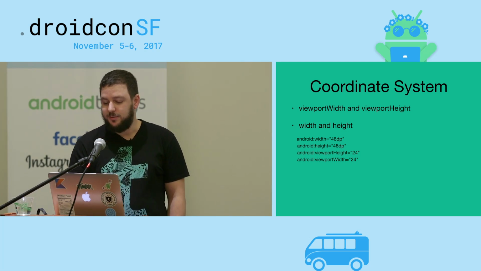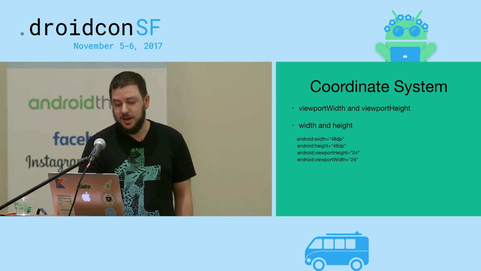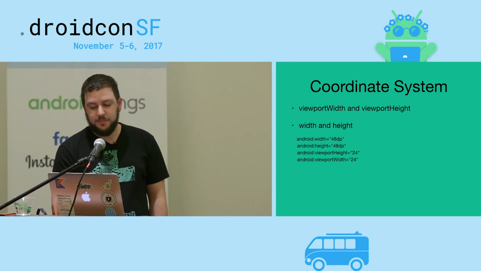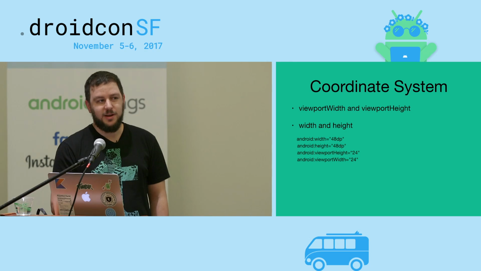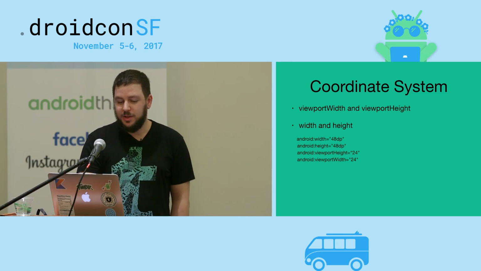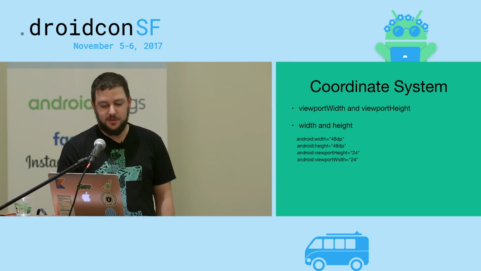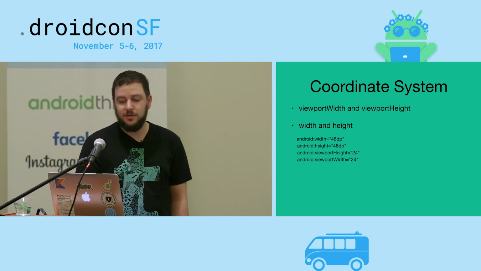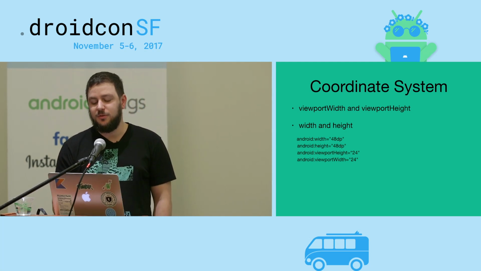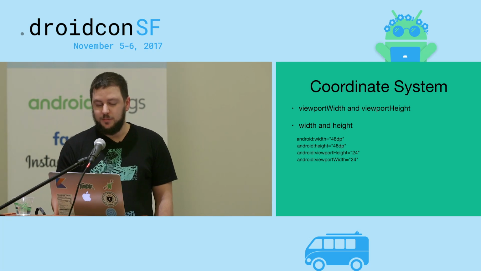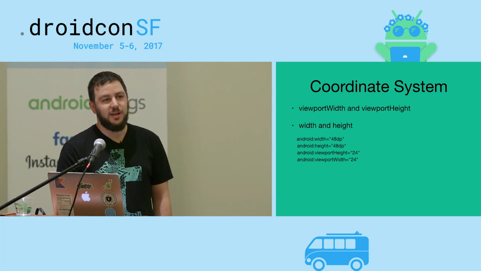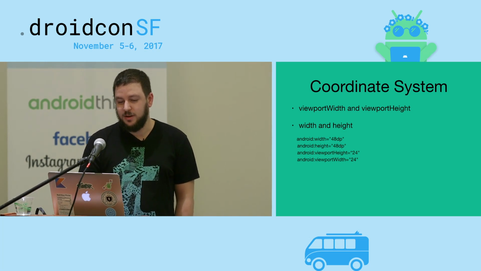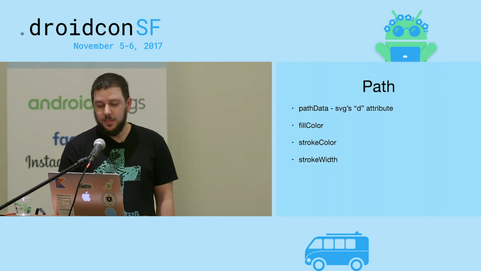Vector drawables use viewport width and viewport height, which are equivalent to SVG's viewbox property. However, they're specified as x and y values rather than start and end coordinates. And the width and height are the intrinsic width and height of the drawable. This is used when you want to support pre-lollipop devices. It generates PNGs at the right size, specified by these two properties.